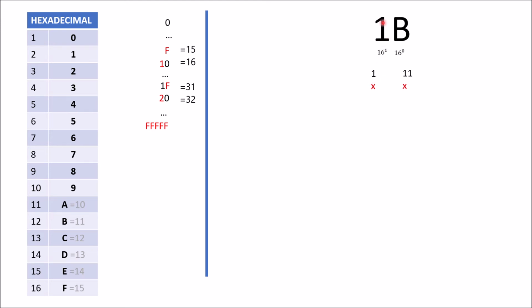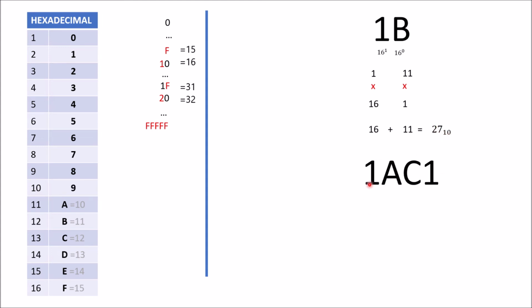We take the value of each digit, and then we multiply this value by the power of 16, depending on the position of the digit. Remember that b is 11, so it's been replaced by the numeric value, and then we add them together just like in the other numbering systems, and then we have the decimal equivalent.